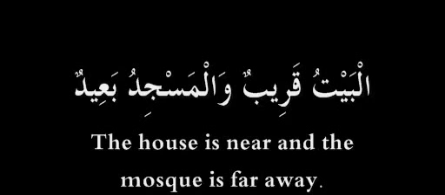Wal means "and the". Because the second "the" is in the middle of the sentence, not at the beginning, you skip the a sound, so it'll become wal instead of al-masjidu. So al-baytu qaribun wal-masjidu ba'idun, just as in the previous example, where you skip the a sound when the word "the" was found other than at the start of the sentence.